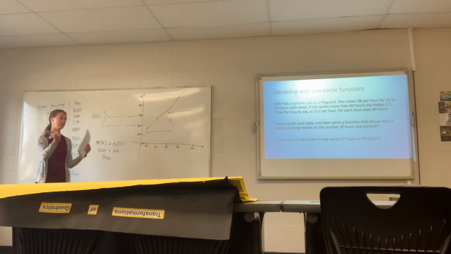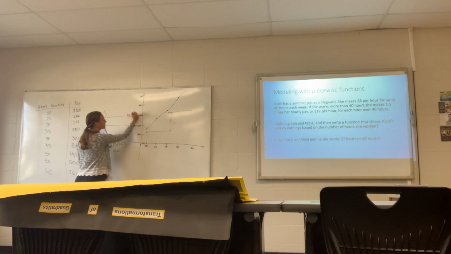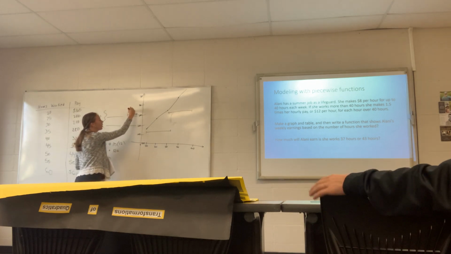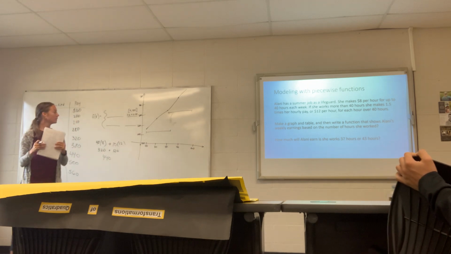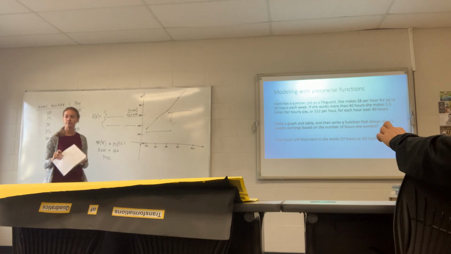So that's one piece of the graph. So I could say, if you want to write it, you can write it like 0 is less than or equal to x, which is less than or equal to 40. Or you can write it the way we did on our posters. You can go from 0 to 40, just like that.